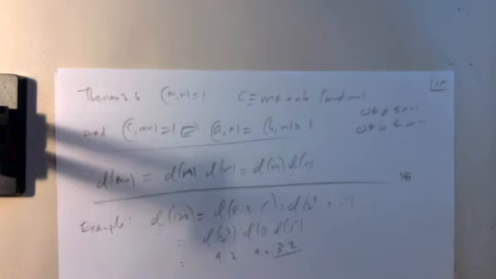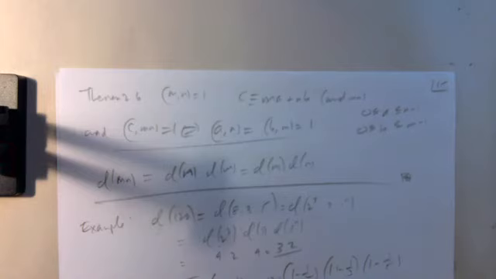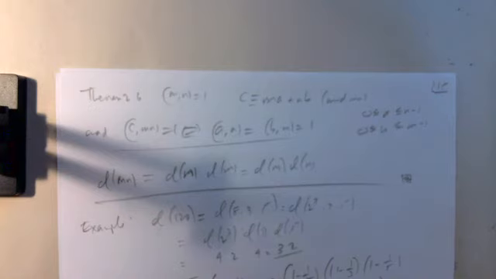Or we could have used the formula: phi of 120 is 120 times the product over all the primes that divide 120 of 1 minus 1 over p. The primes that divide 120 are 2, 3, and 5. So that's 120 times 1 minus a half, 1 minus a third, 1 minus a fifth. That's 120 times a half times 2/3 times 4/5. Let's see, these 2's cancel.